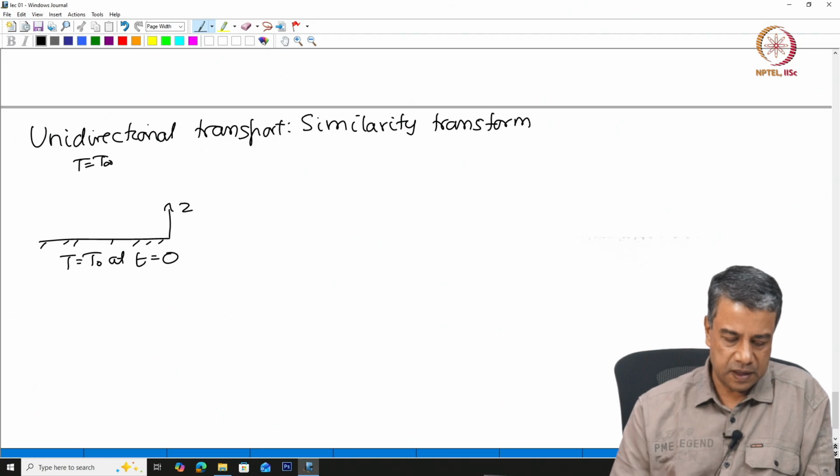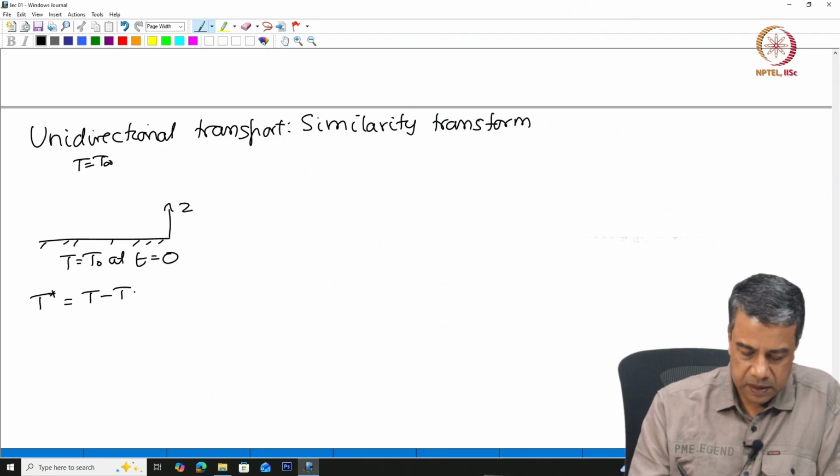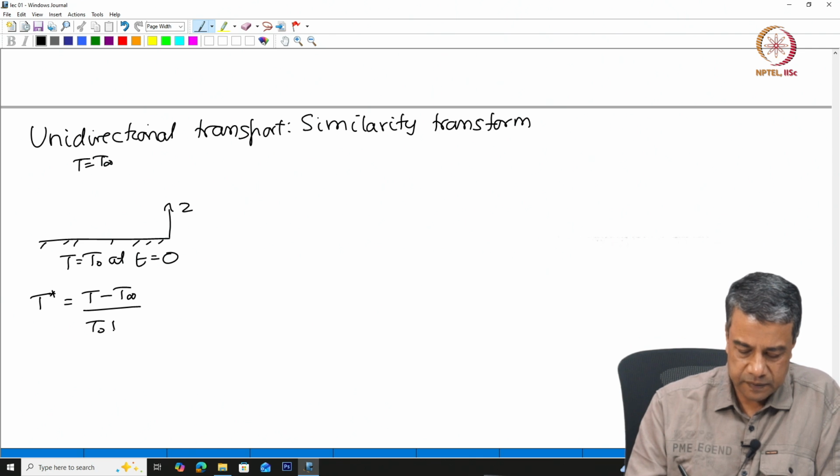And we had got the scaled temperature T star is equal to T minus T infinity by T naught minus T infinity.